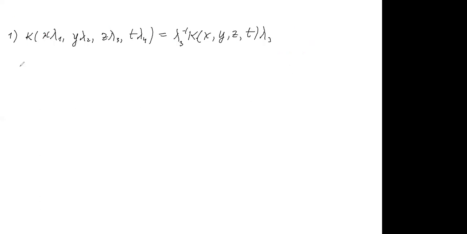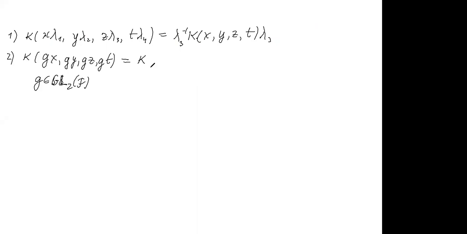Now, the second property is a bit more interesting. Actually, kappa stays the same when you multiply all of them by the same matrix G from GL2(F): GX, GY, GZ, and GT, then it will be the same.